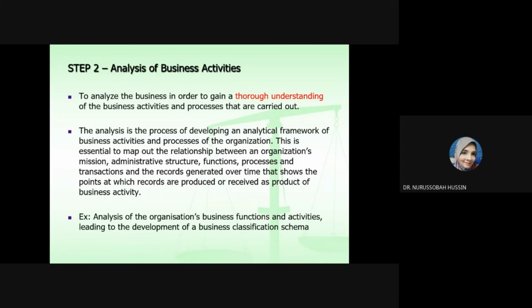Because later on, we want to know how long to retain the records available in the organization. Do they have a retention schedule? Okay, and then do they have a coding system? Do they have a security policy and so forth? Okay, so these are the things that we have to analyze.